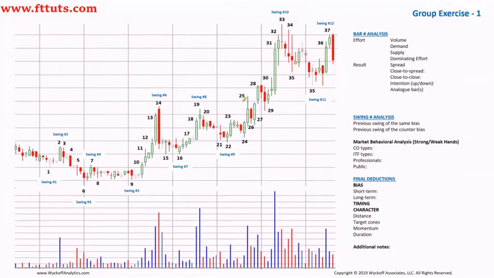Okay, so 31 is interesting because of the volume signature. It's huge. It's the largest volume signature that we've seen from prior bars. And this is what, 1, 2, 3, 4.